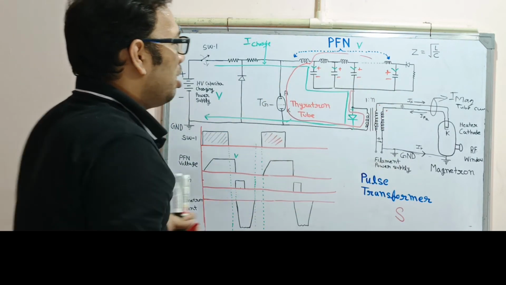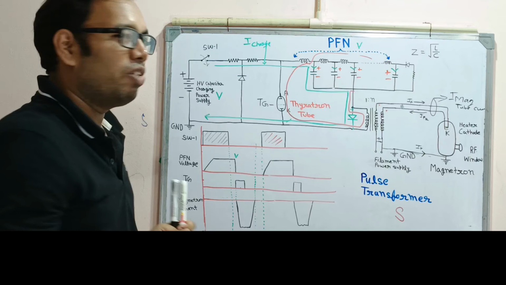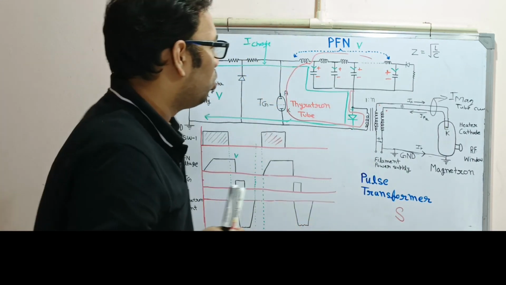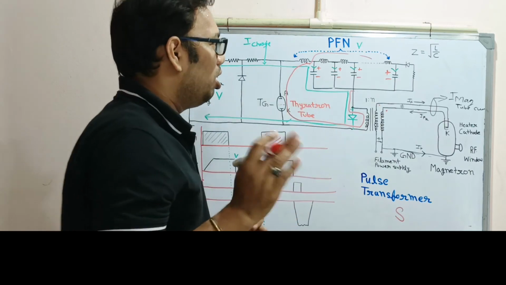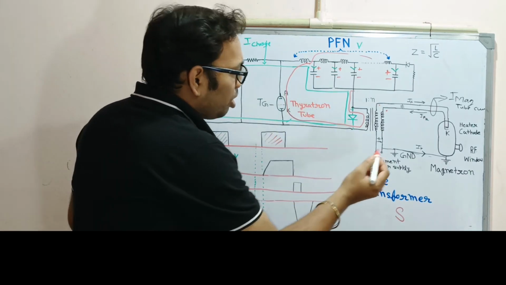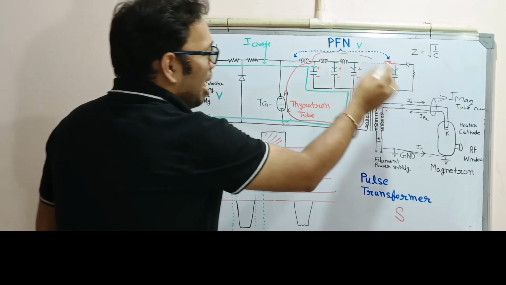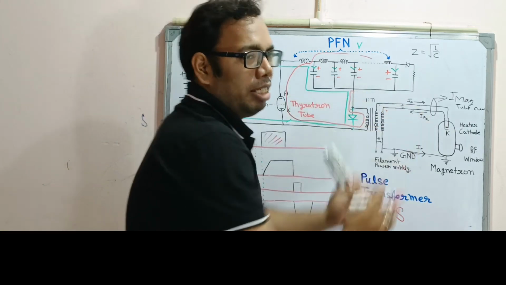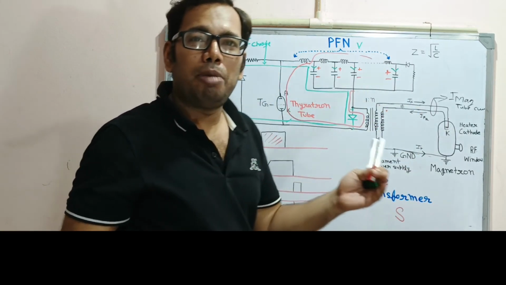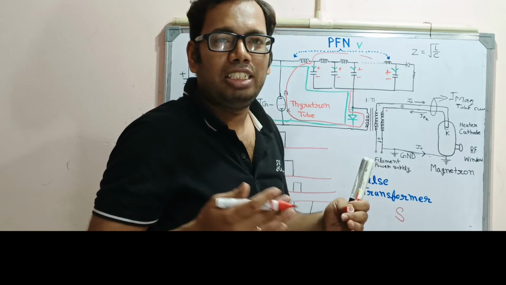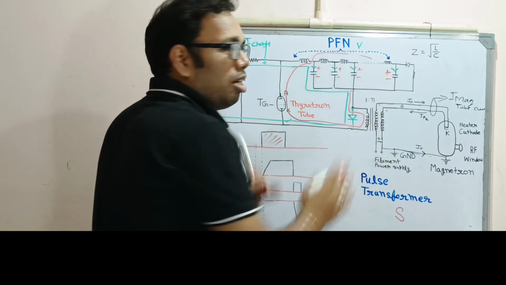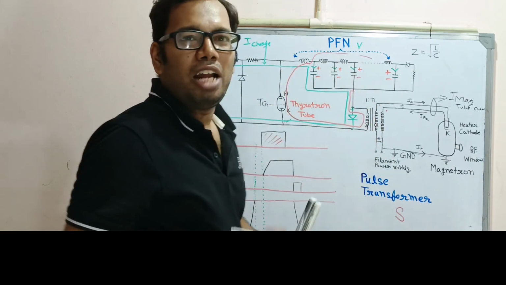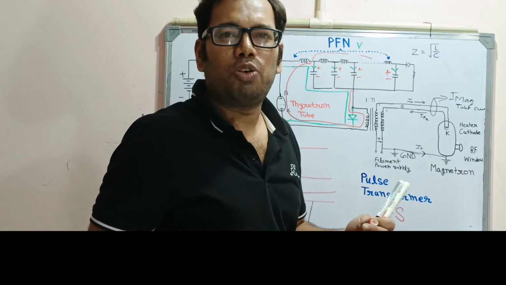In this manner the circuitry, the PFN network and the modulator power supply, work. One more thing I want to convey: the PFN network impedance should be matched with the load impedance so that maximum power is transferred. Otherwise we will not get efficiency from the modulator and the efficiency becomes poor, with maximum loss and not the required output.